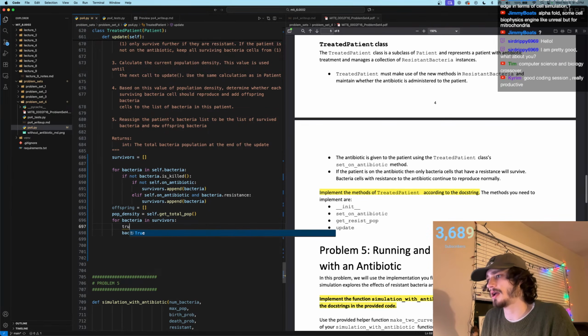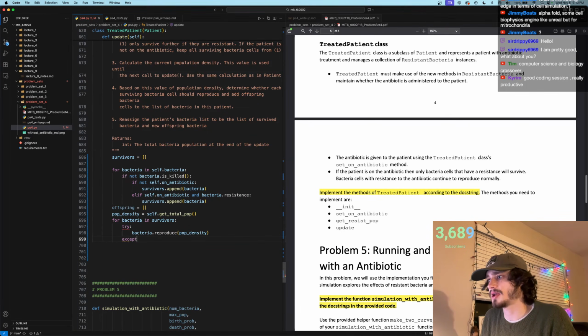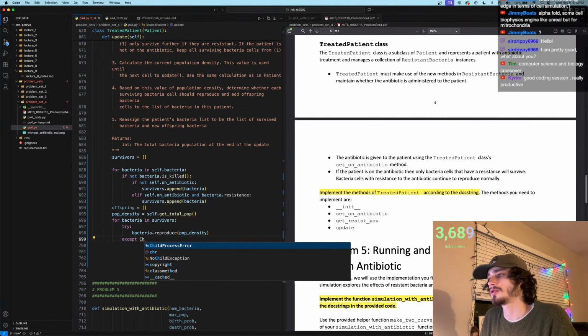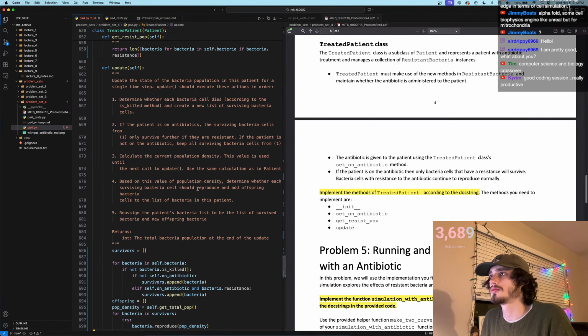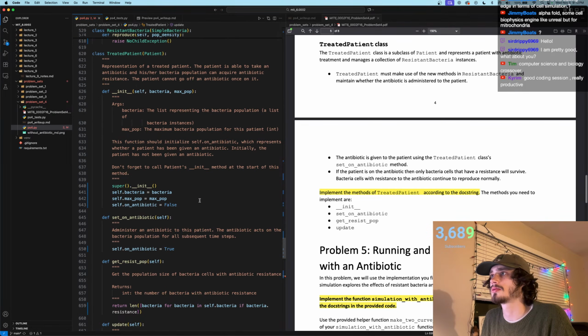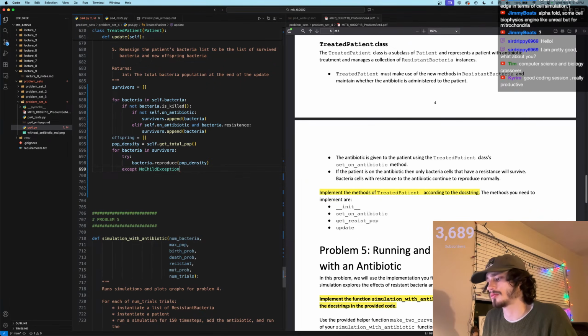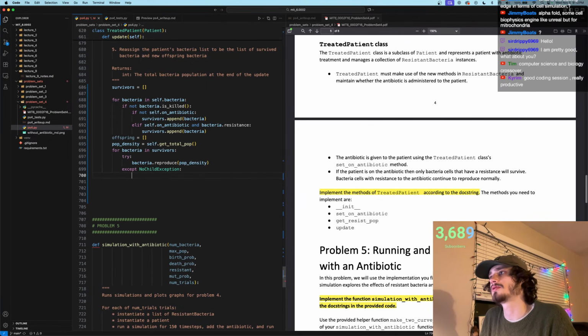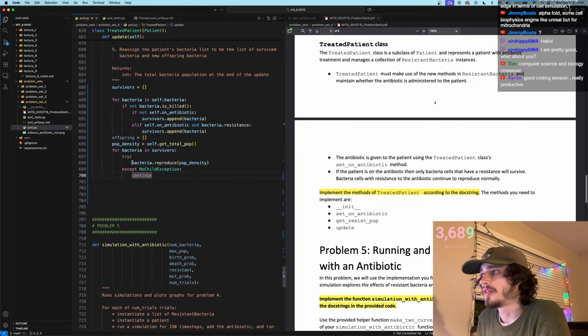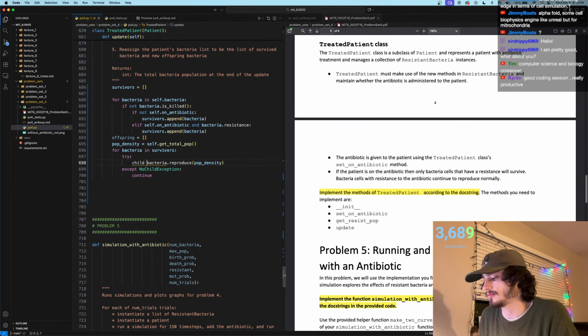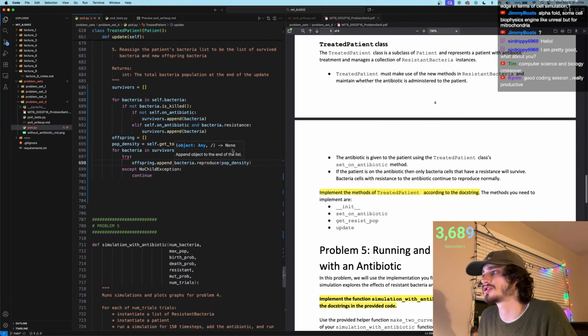So try this, except for a no child exception, we're going to continue. And then this is going to give you back a child, and we're going to call offspring.append that child.